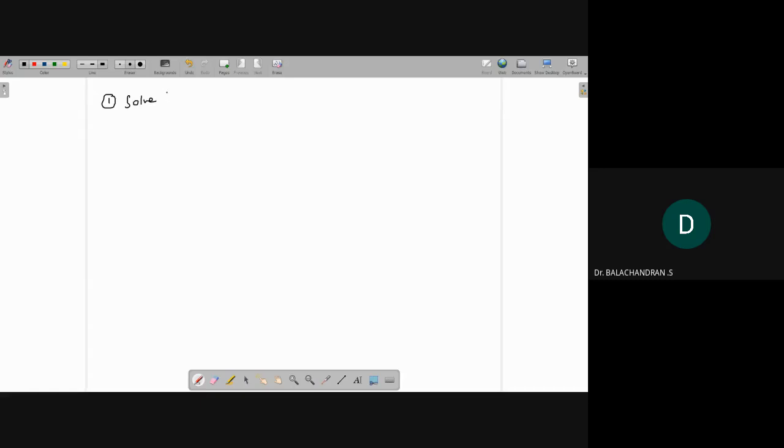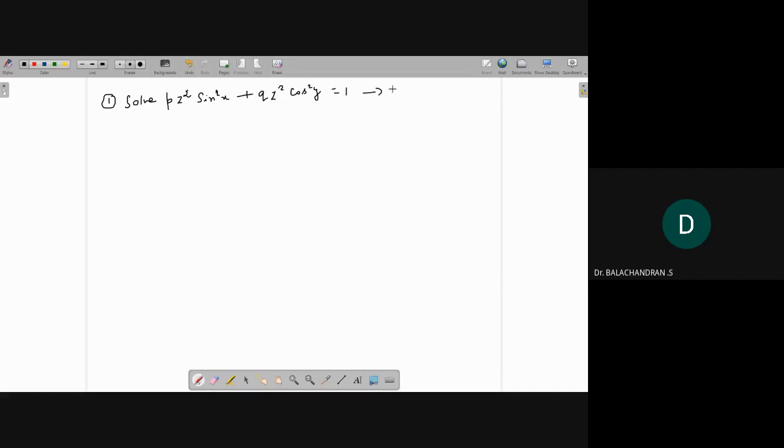Solve P Z square into sine square X plus Q Z square cos square Y equal to 1.